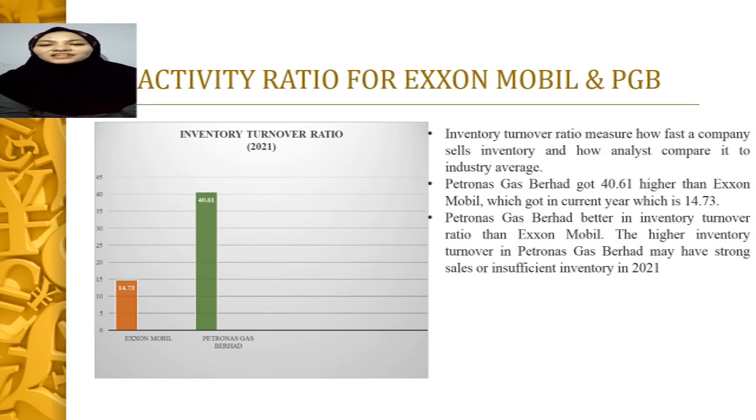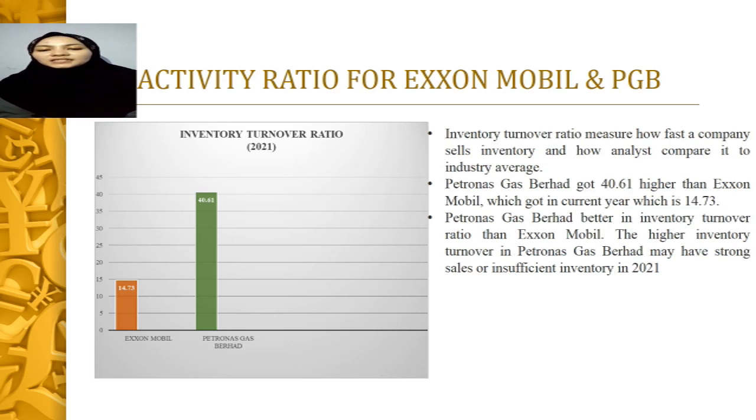The average collection period is the time it takes for a company to convert balances from accounts receivable back into cash flow. From this graph, we know that ExxonMobil only got 42.14 in the current year. So PGB is higher than ExxonMobil.